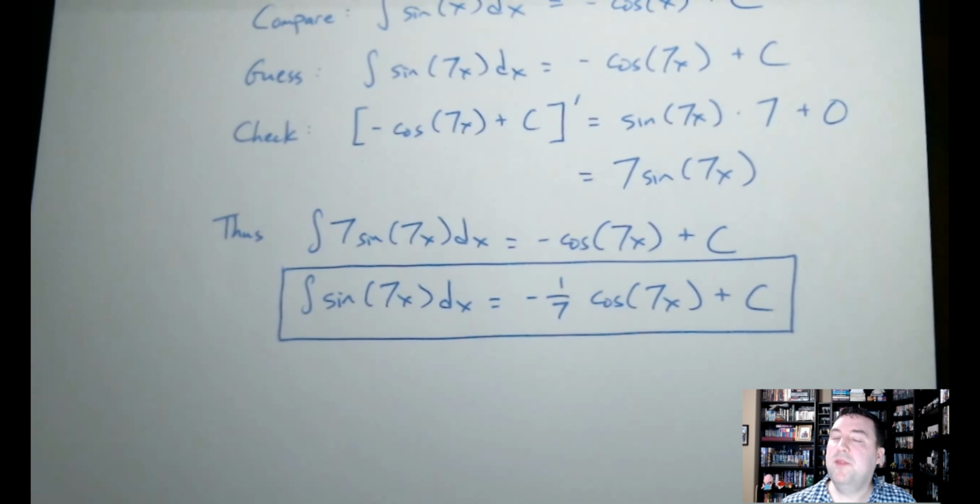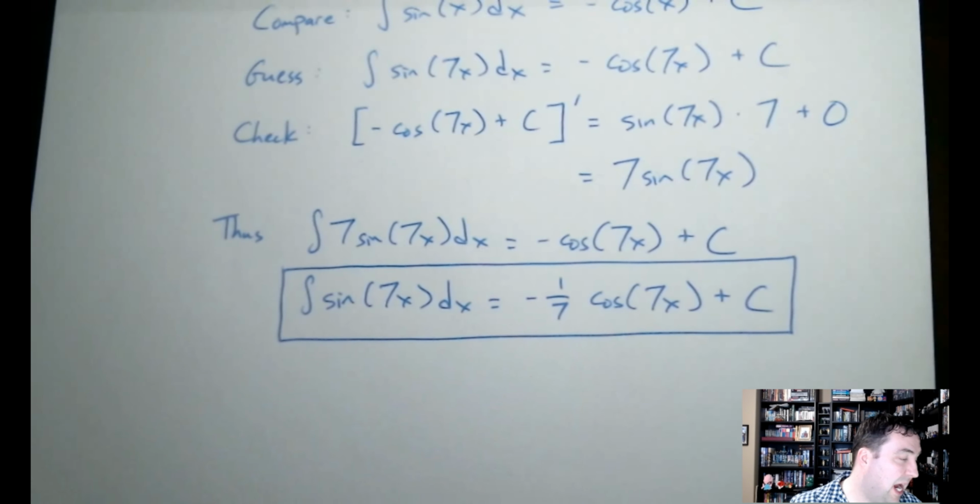So in both of these cases, our guess based on the common integral was almost right, but we had to divide by that coefficient of x from our linear composition. In the first example, we had to include an extra division by 2. In this case, we had to include an extra division by 7.